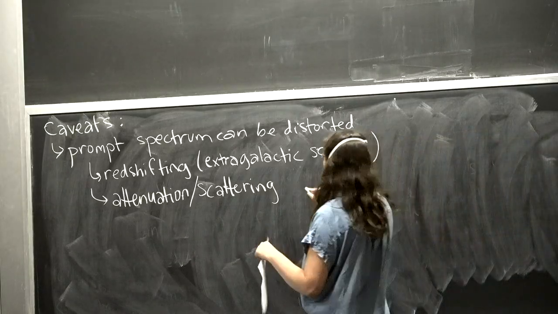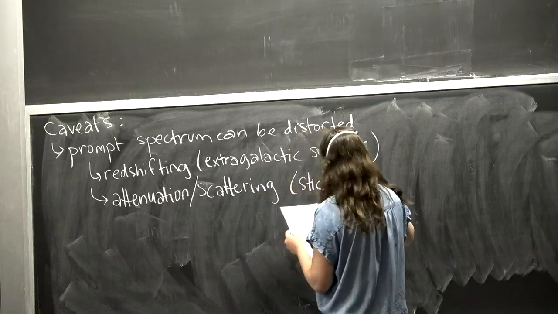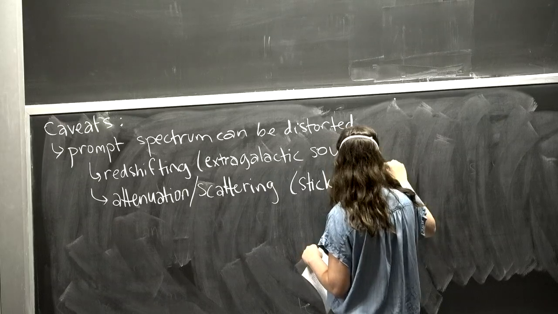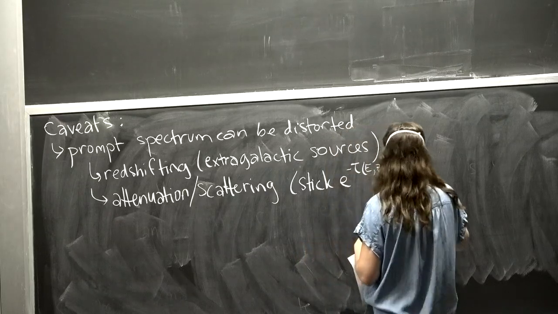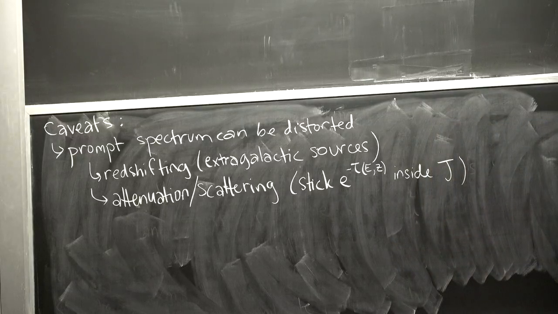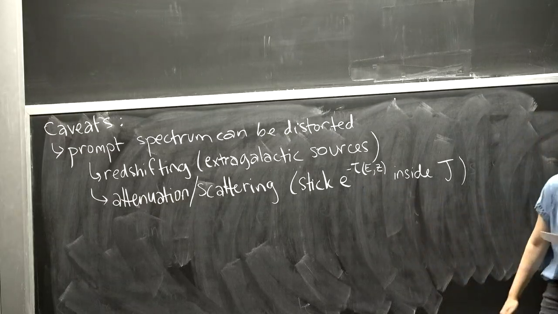And so you can just stick an e to the minus tau, which is a function of energy and redshift, inside of your J factor and call it a day. If you know something about the profile of scatterers or attenuators, you can model that and just stick that in there, no trouble.